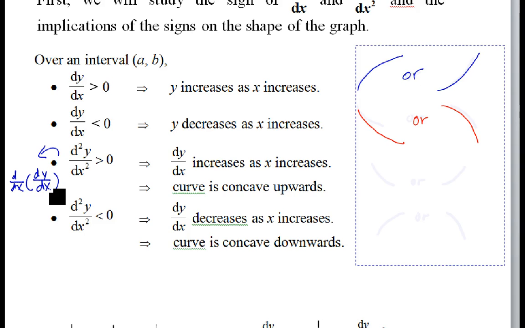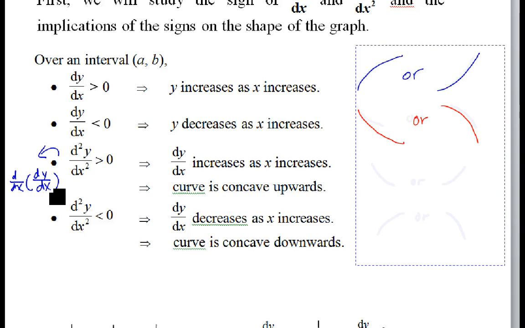If dy dx is the rate of change of y, d2y dx squared is the rate of change of dy dx. That means how fast the gradient is changing. So if I tell you d2y dx squared is positive, it just tells us that dy dx increases as x increases.